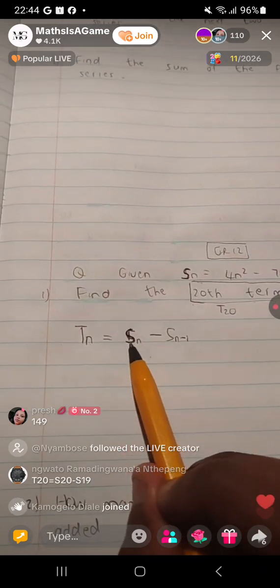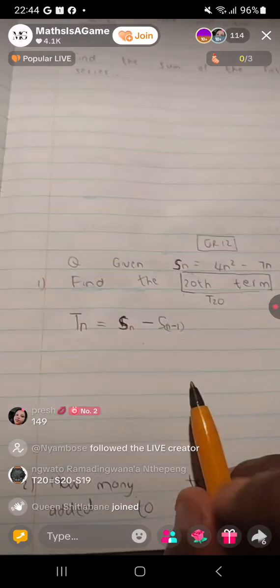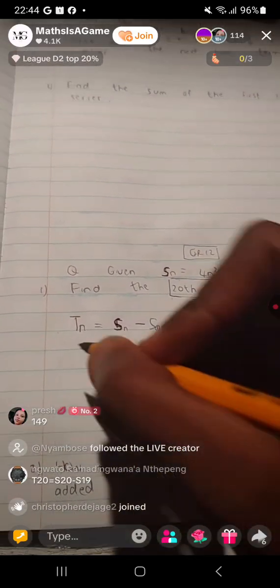This is the formula: Sn minus Sn minus 1. So in other words, what are we saying here?